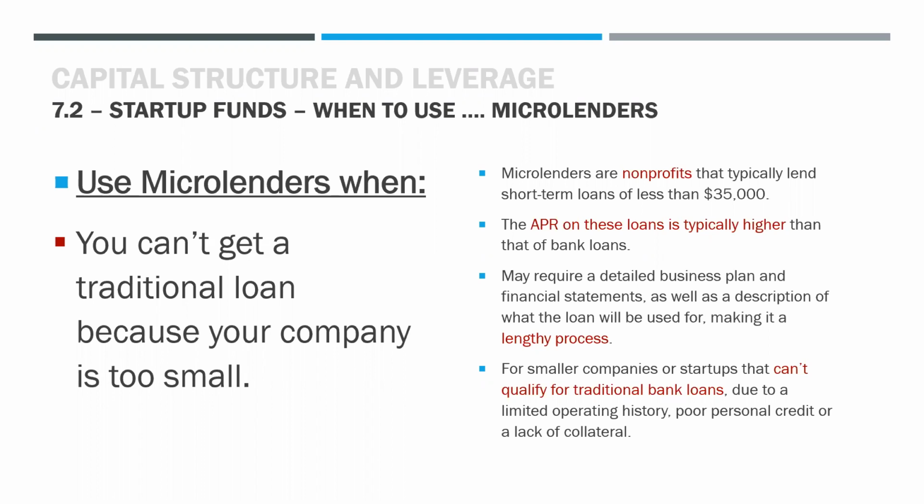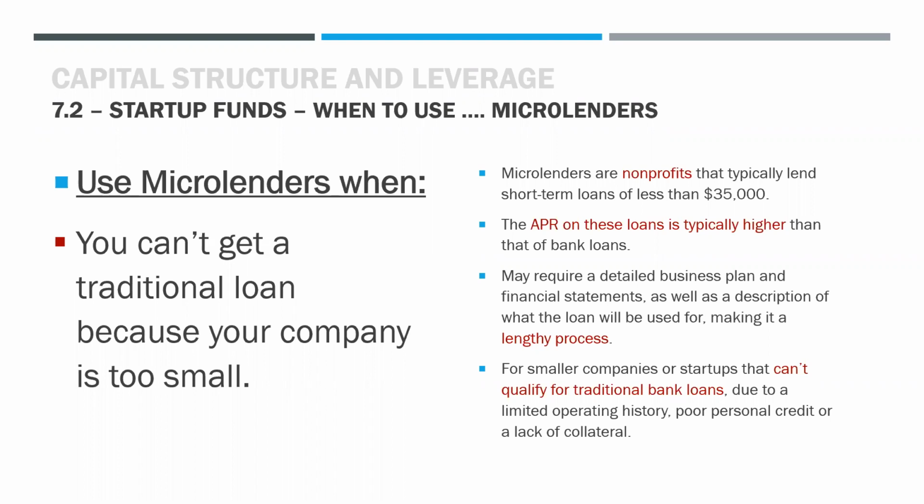And generally, you're going to have your I's dotted and your T's crossed before you ever apply with a micro lender in terms of your business plan. So you need a business plan, you need financial statements, and you need a description of where the money is going to go and how you are going to pay it back.